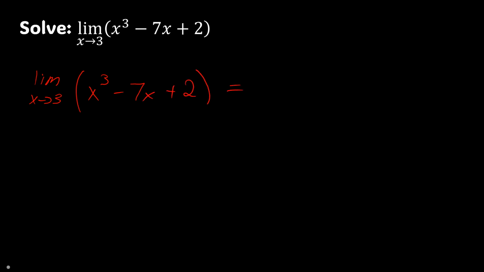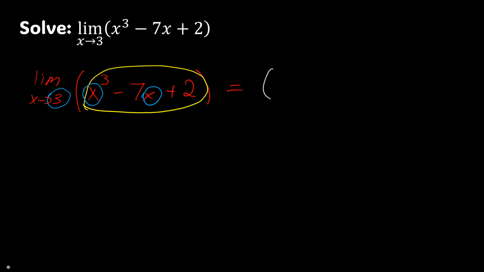And this is basically as simple as substituting. So when you look at this, this is a continuous function right here. There's really nothing restricting the domain. So all you have to do is take 3 here and then substitute it in for each x. So let's do that.